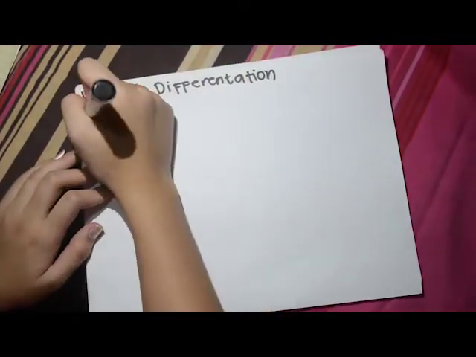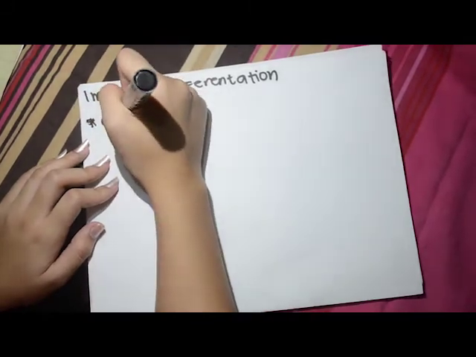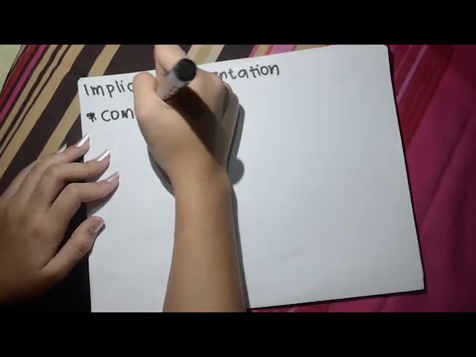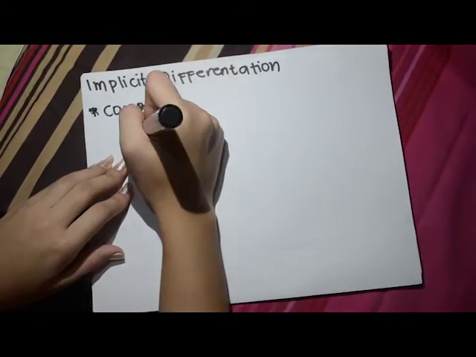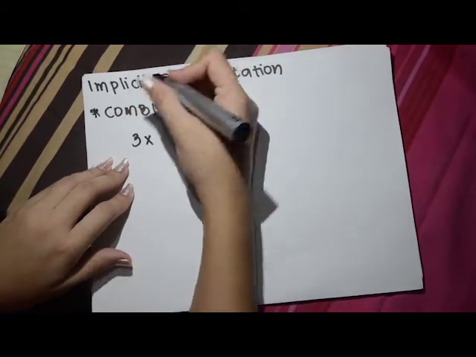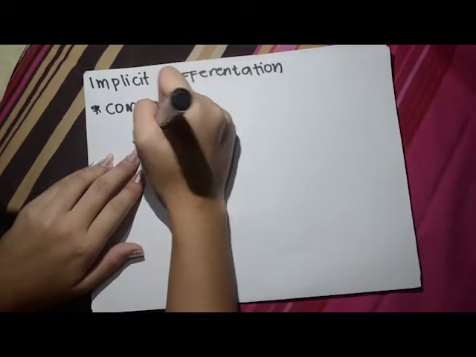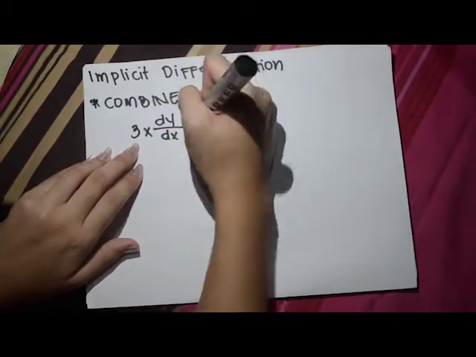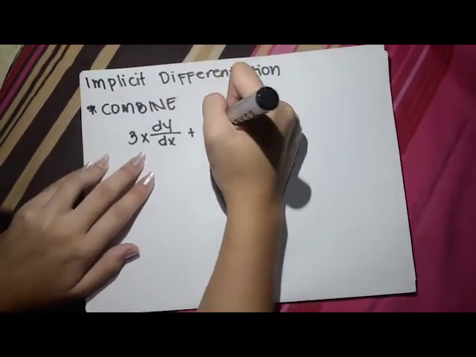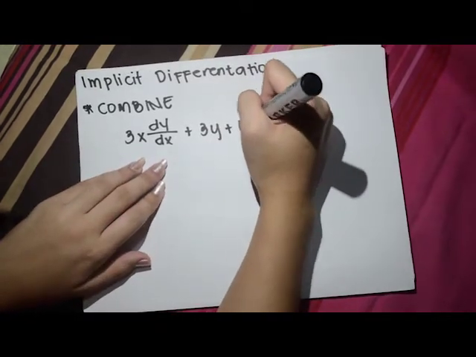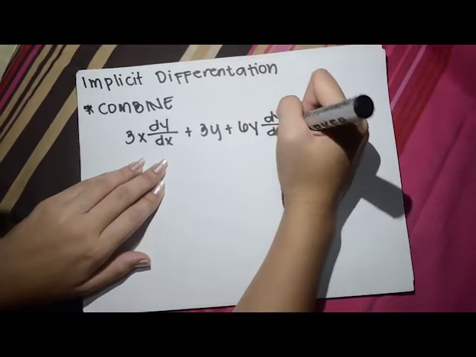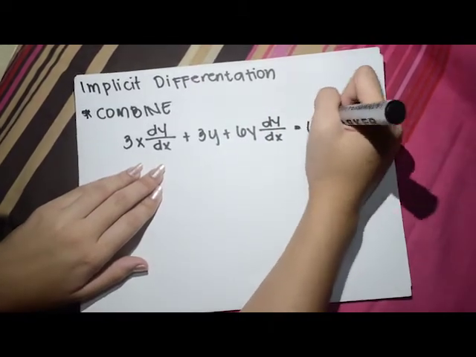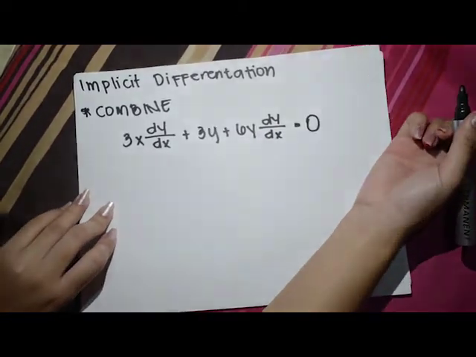Last, combine the two terms: 3x dy over dx plus 3y plus 6y dy over dx is equal to 0.